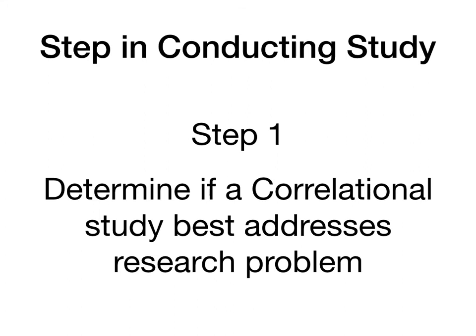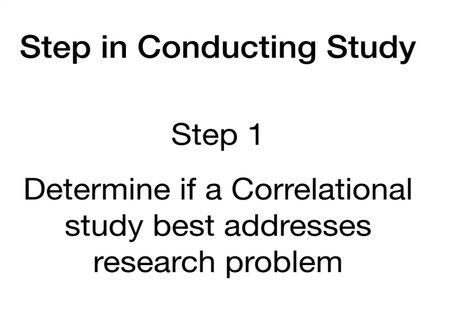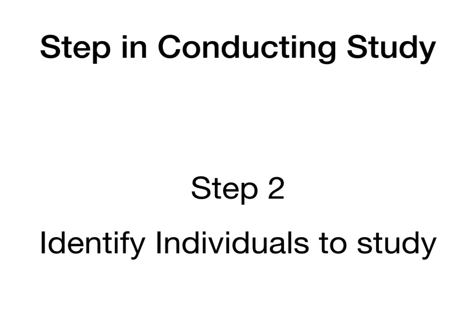Step one in conducting a correlation research study is identifying a problem that requires understanding the direction and degree of association between two or more data sets. Once a research question has been developed, the researcher must identify the subjects and seek permission to conduct the study.